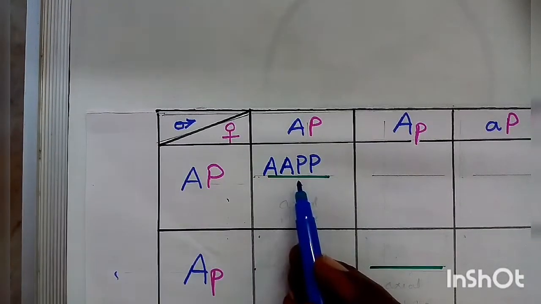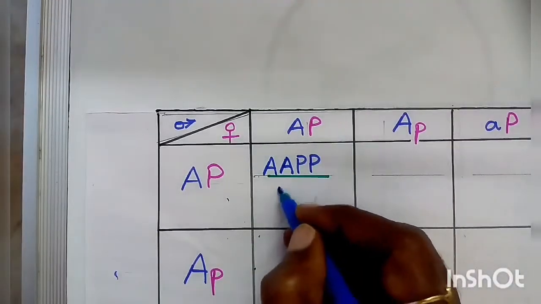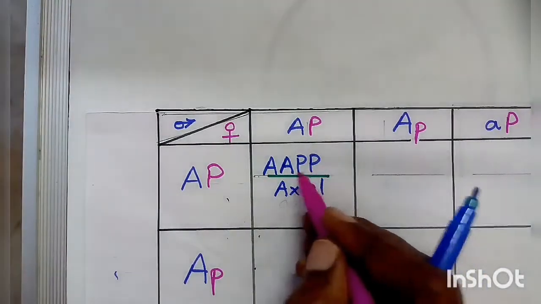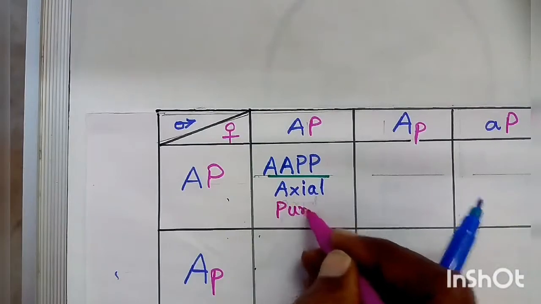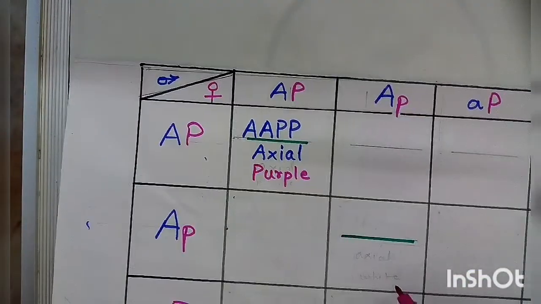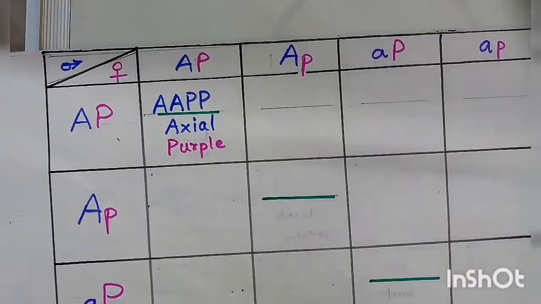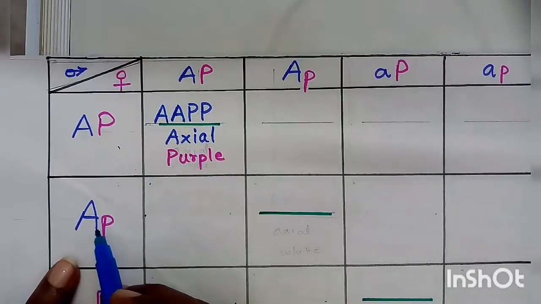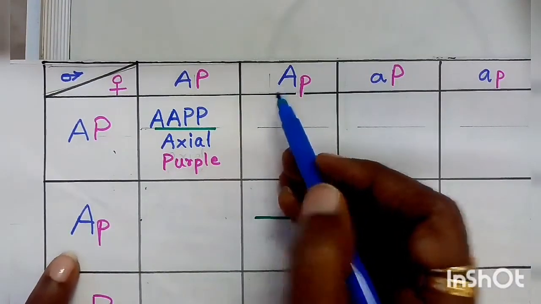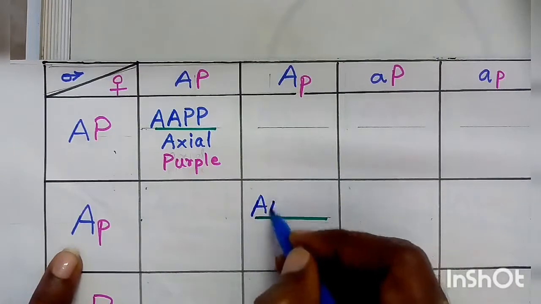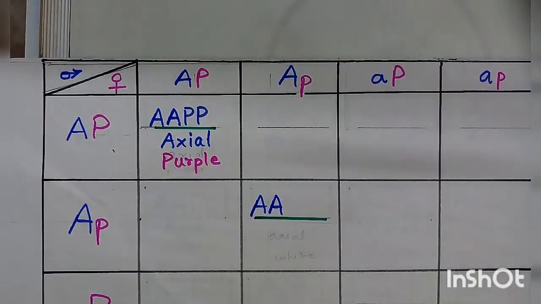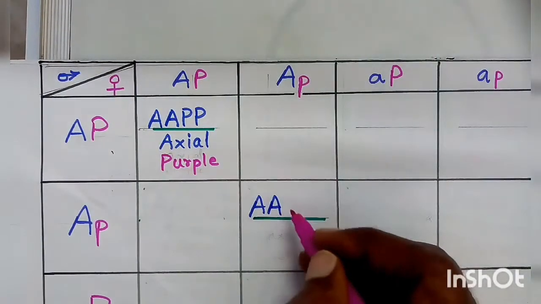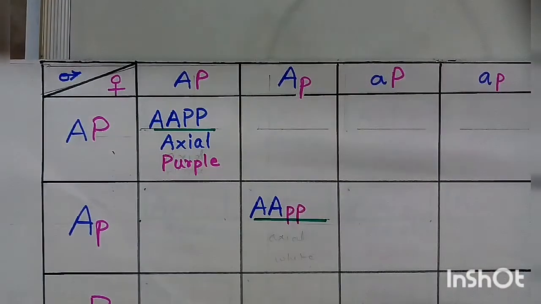Capital A, capital A. What does it represent? It represents axial position of flower. And capital P represents purple color of flowers. So this is one progeny. What will be our second progeny? Let's say in this box. This is capital A, and you have to cross it with this capital A. It will become capital A, capital A. This is small p and this is also small p, so both are small p, small p.